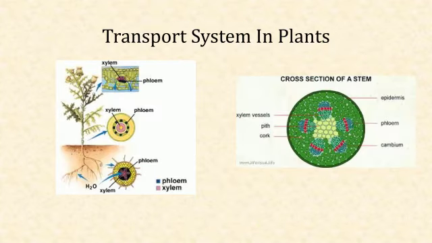Transport system in plants. The transport system of plants consists of xylem and phloem. Xylem transports minerals and water from the roots to all the aerial parts of the plants.